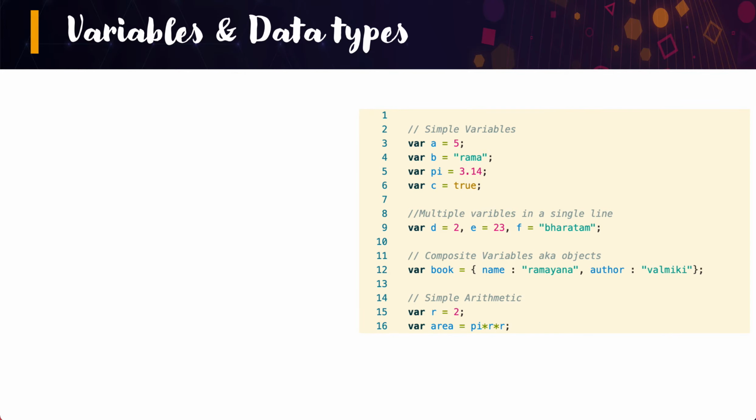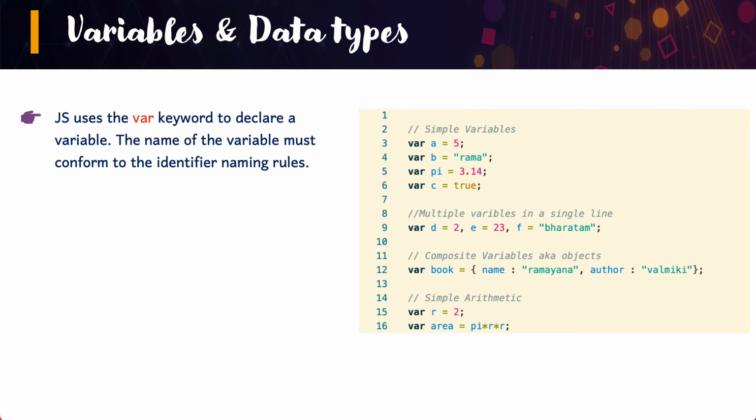Okay. Now comes variables and data types. On the right hand side, you have an example. Let's go through them. JavaScript uses the var keyword to declare a variable. If you are familiar with C, if you want to declare an integer, you will say int I is equal to 5.